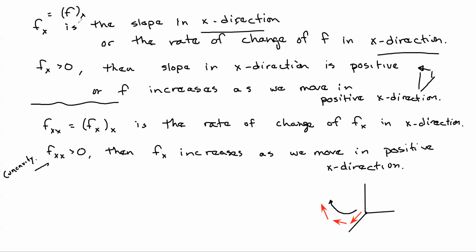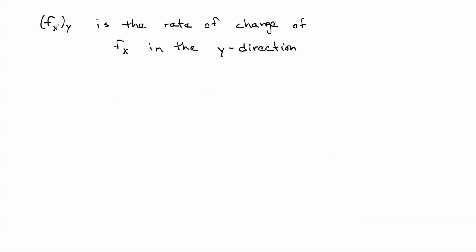The second derivative is the rate of change of the partial with respect to x in the x direction. So this gives us the direction, and this is the underlying thing. The underlying thing is f, and the direction is the partial. If we apply that, the underlying thing is the partial with respect to x, and we're finding the way that it changes as we go in the y direction. Hopefully that makes sense.